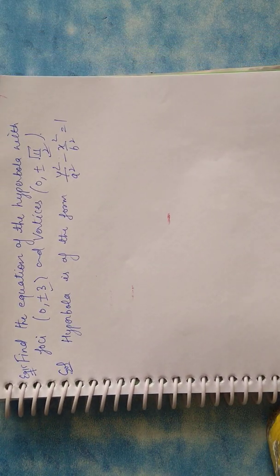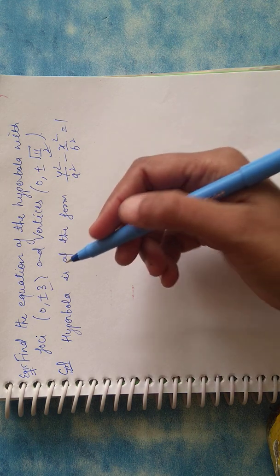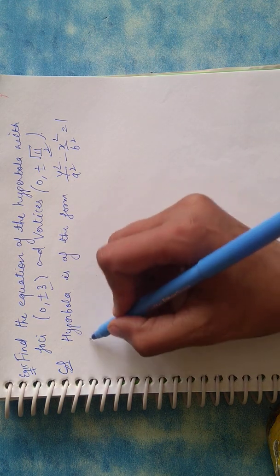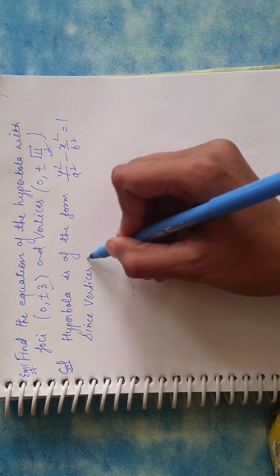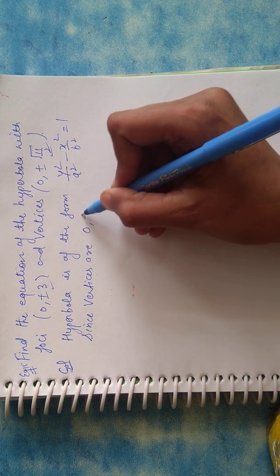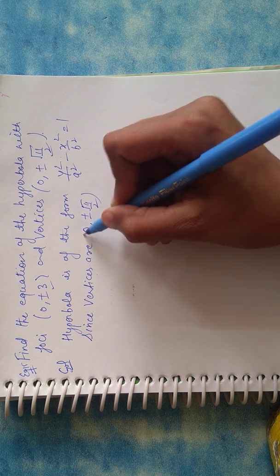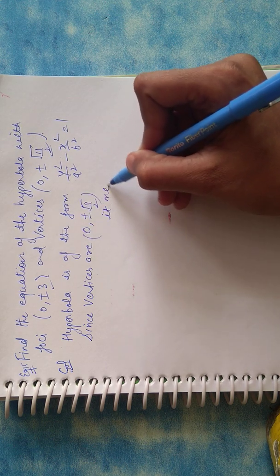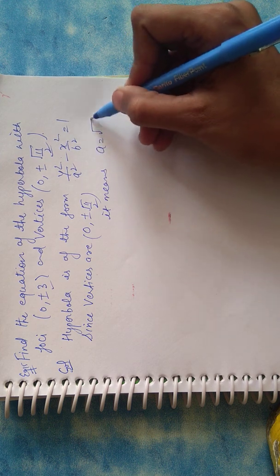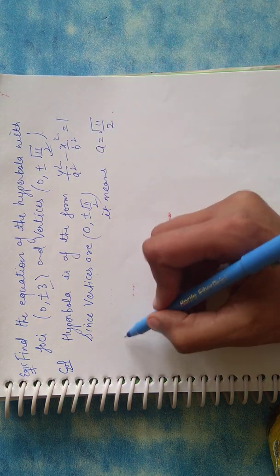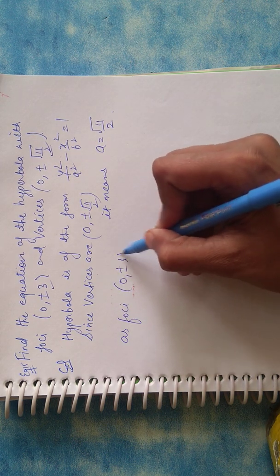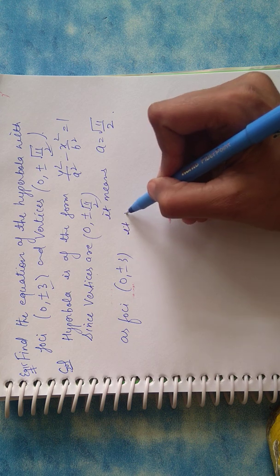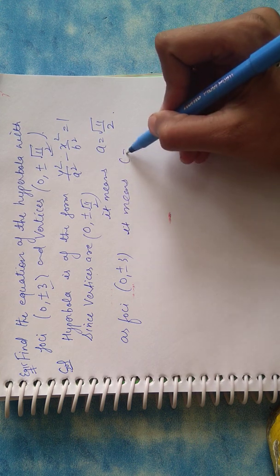Since vertices are 0, plus minus root 11 by 2, it means a is equal to root 11 by 2. As foci is given by 0, plus minus 3, it means c is equal to 3.